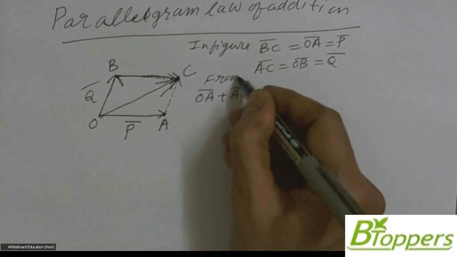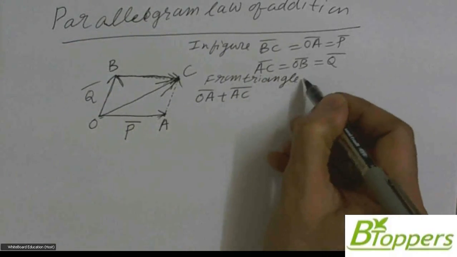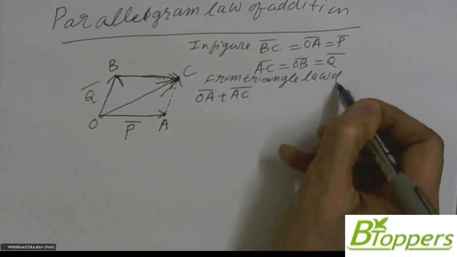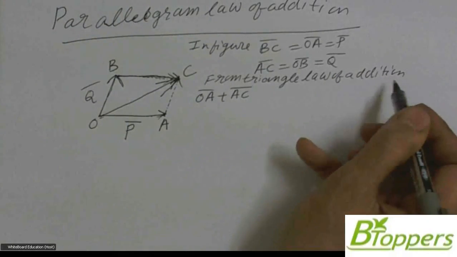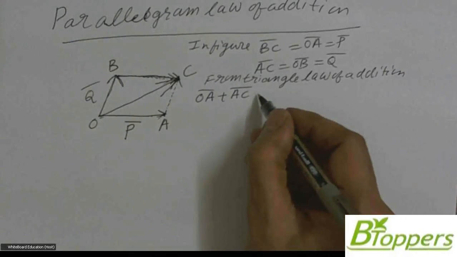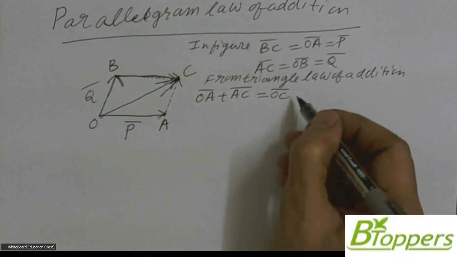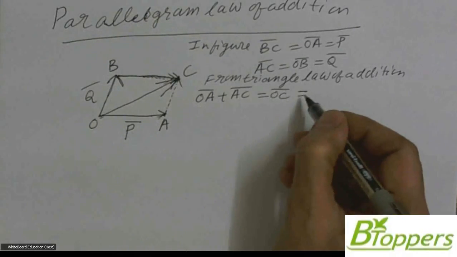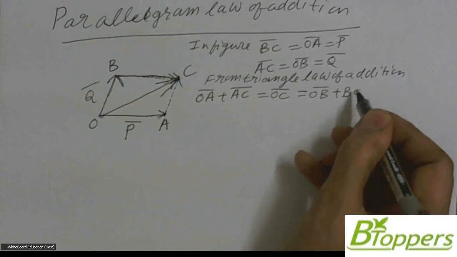So from the triangle law of addition of vectors, you can say OA bar plus AC bar equals OC bar, or you can also write OC bar equals OB bar plus BC bar.